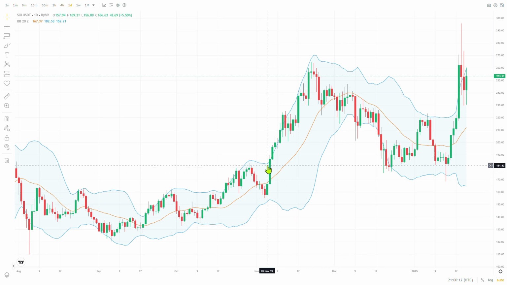So it shows that a narrow point often happens before the price begins to go up. And when the band is wider, like as we are seeing now, where the price is, it means that the volatility is high, so the price is going up and down.